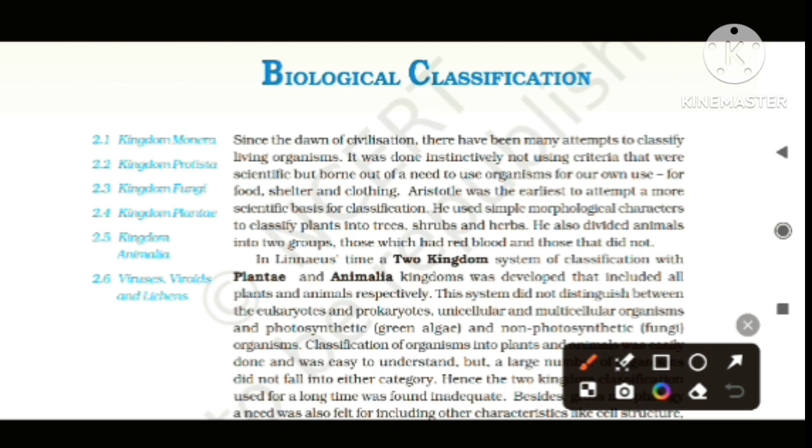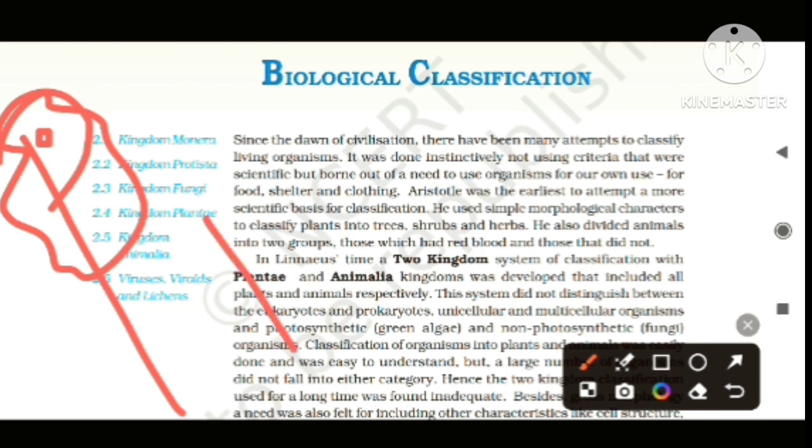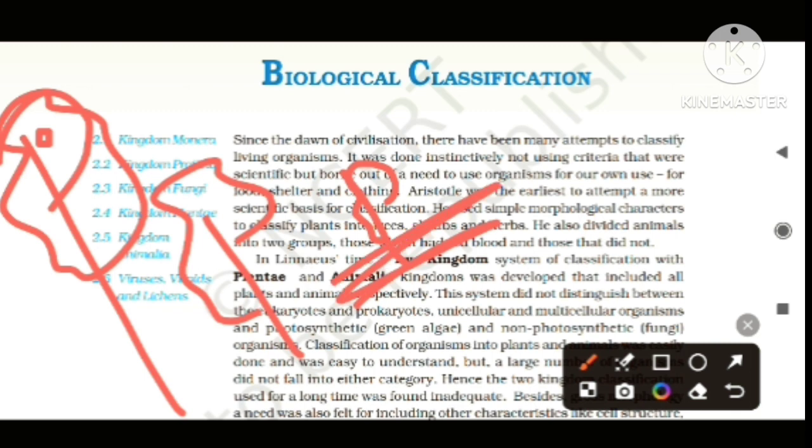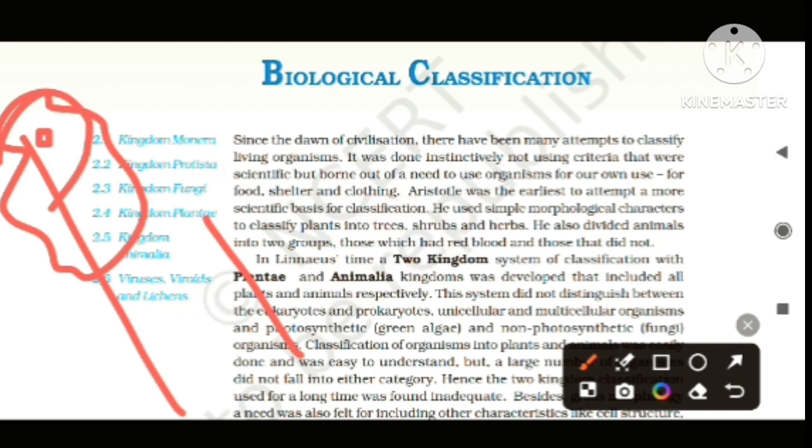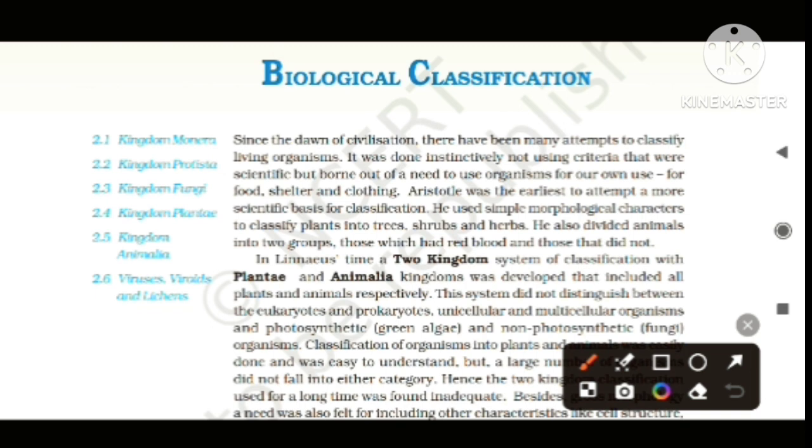Here Aristotle classified plants on the basis of their morphological characters, like trees, shrubs, and herbs. Trees were bigger plants, shrubs were medium-sized plants, and herbs were grass-like plants.